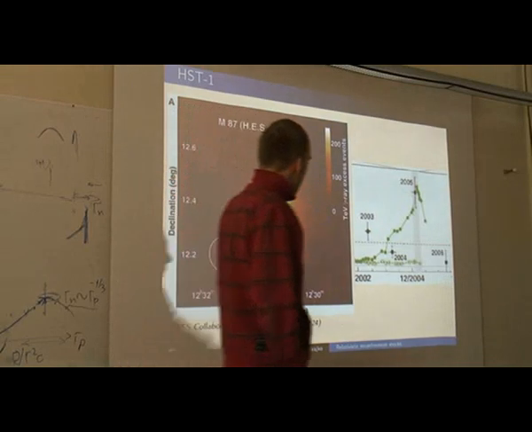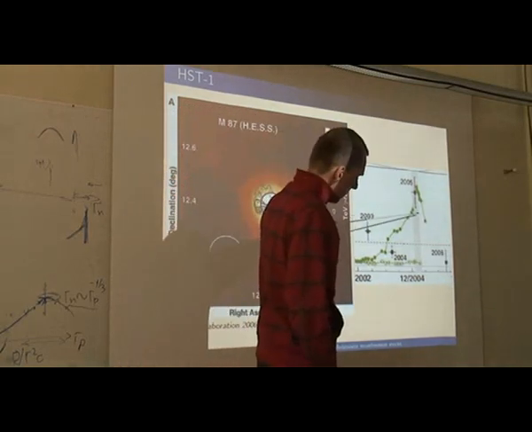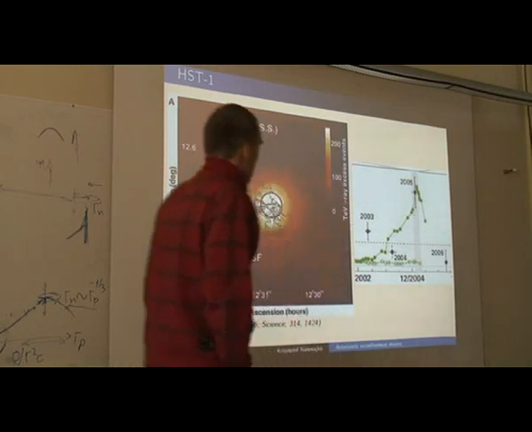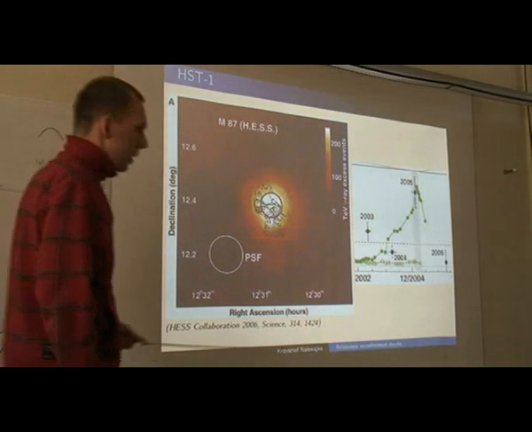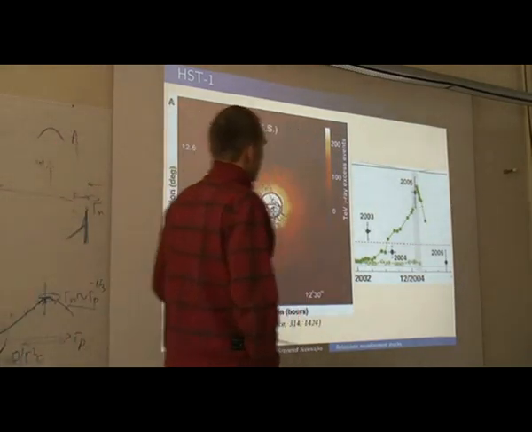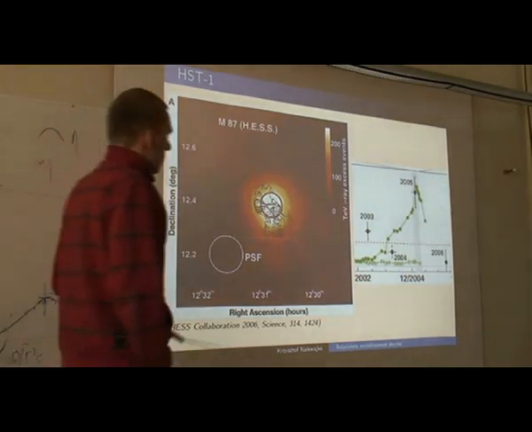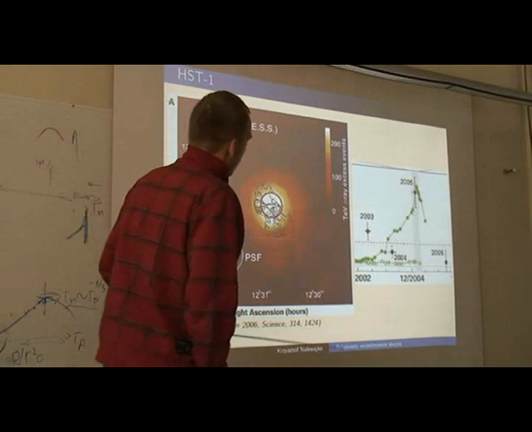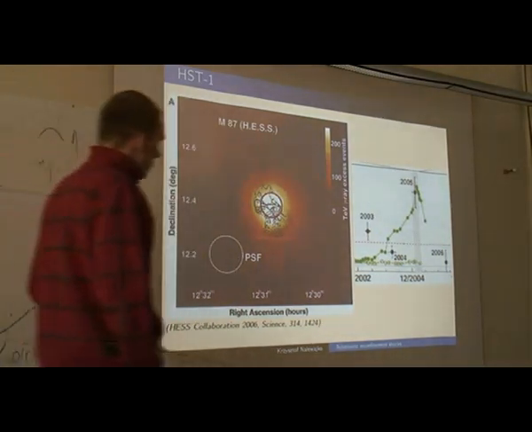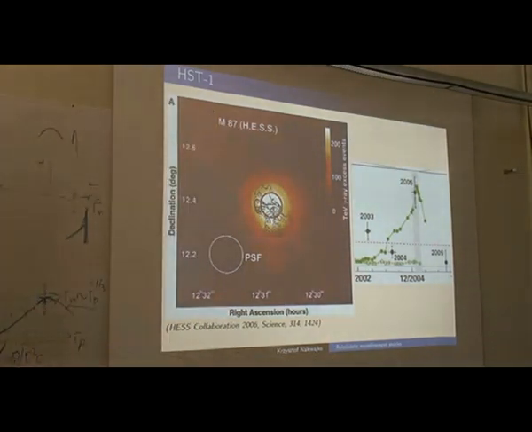But in this year it was highly variable, and you have to add that variabilities on the time scale of a few days were also detected. I mean, a few days is a doubling time for the TeV flux, and this highly constrains the size of the source, which I will show in just a minute.